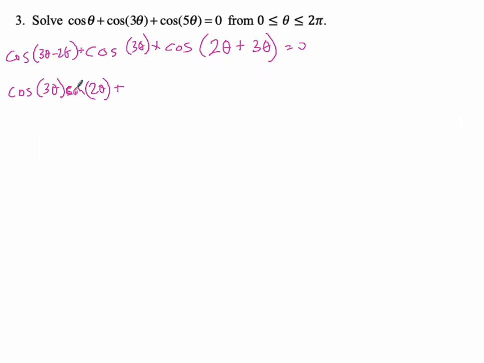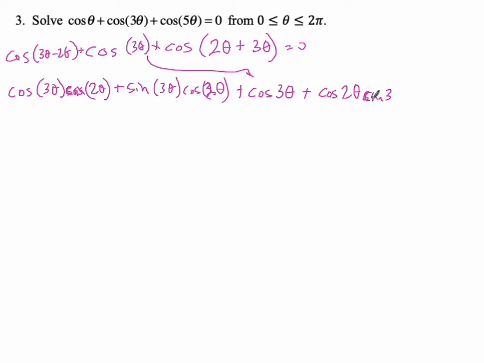So we have sine 3 theta sine 2 theta... Then this is just cosine 3 theta. And the last one here, we've got cosine 2 theta cosine 3 theta minus sine 2 theta sine 3 theta, right?